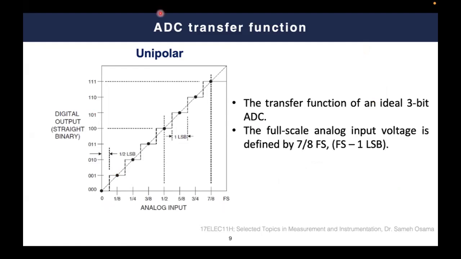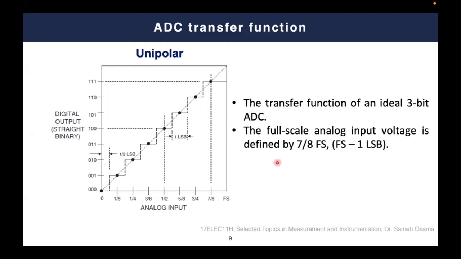For the unipolar, for example, here we have a representation for a 3-bit unipolar. As you can see, one of the disadvantages of this 3-bit unipolar is that your most significant state, which is 3 ones, will correspond to 7/8 times the full scale, not the full scale.